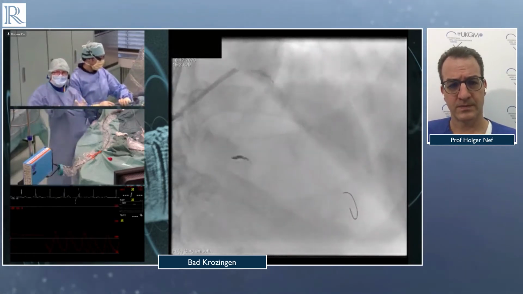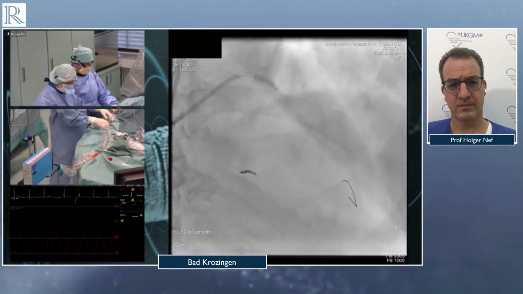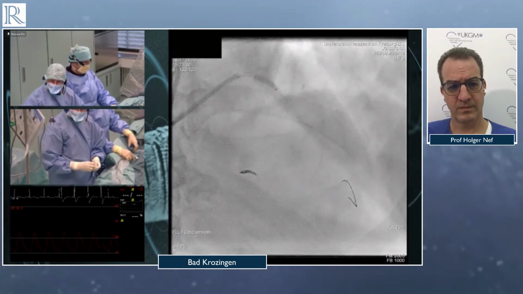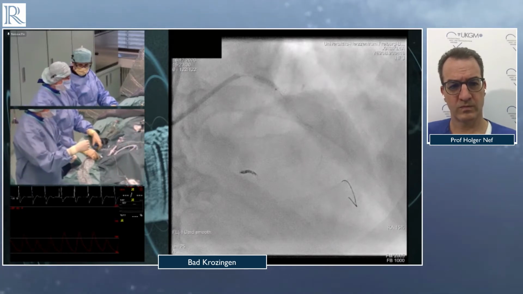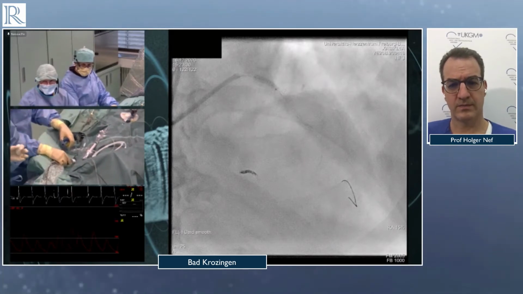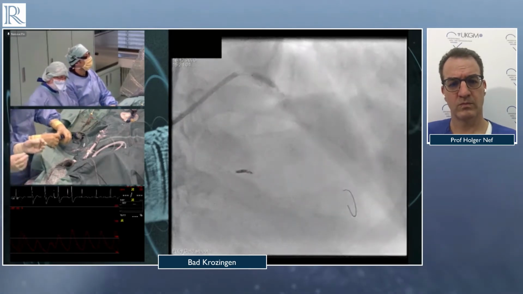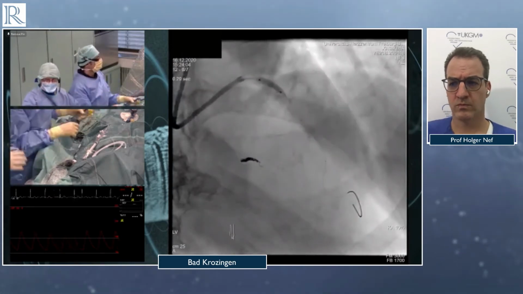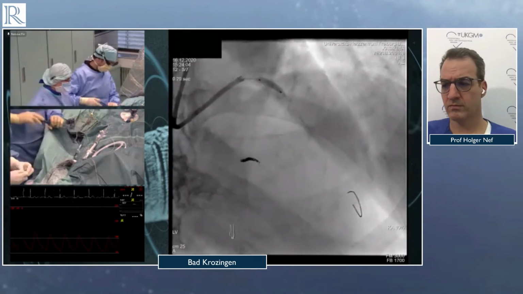I think if you have to treat a very long calcified lesion, a long segment, you should give at least 20 pulses per lesion segment, and then you go ahead. If it doesn't open, then you have to stay longer until you crack the lesion.